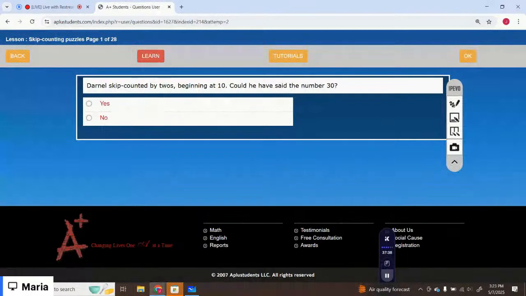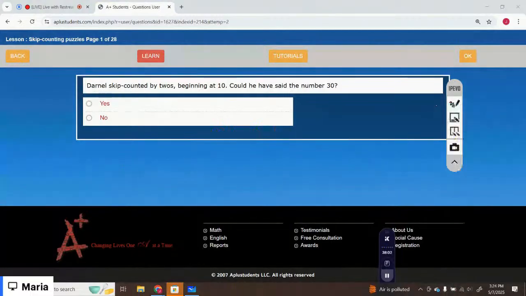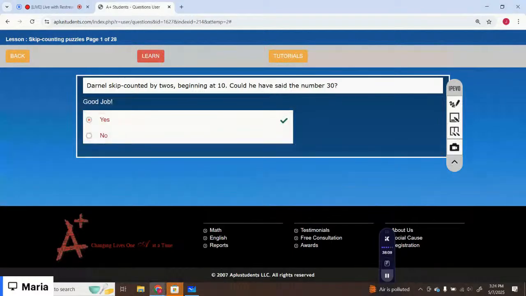Should he have said the number 30? Start from 10 and skip count. 10, 12, 14, 16, 18, 20, 22, 24, 26, 28, and 30. Yes. The correct option is yes. Skip counted by 2 starting at 10, and yes, we said 30. Option number 1 is the correct option.